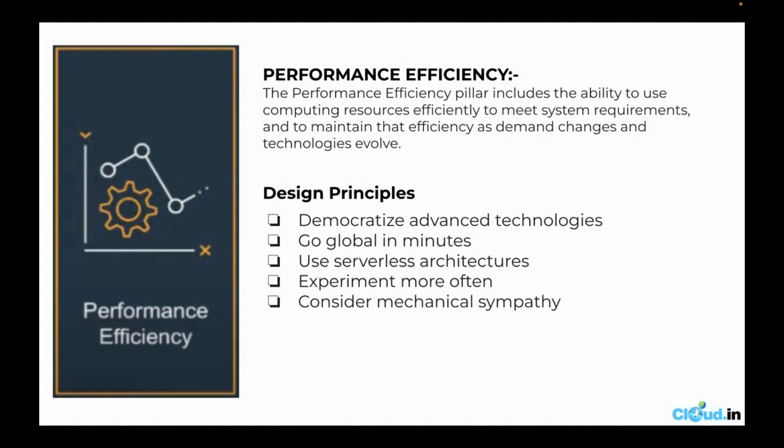There are various tiers or options available when you talk about storage. So selecting the appropriate storage tier can help in optimizing the performance and cost at the same time.